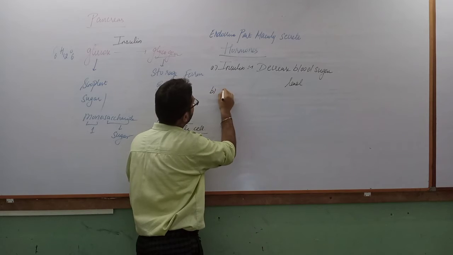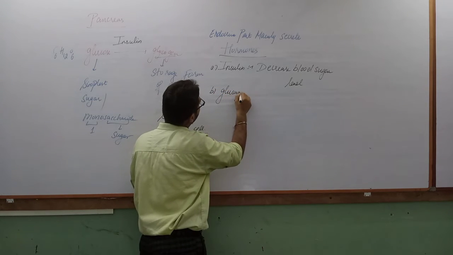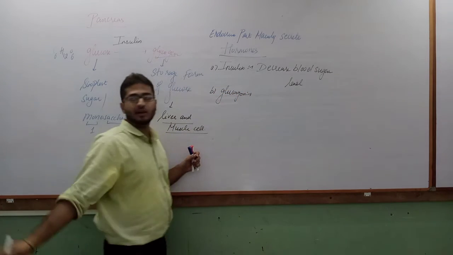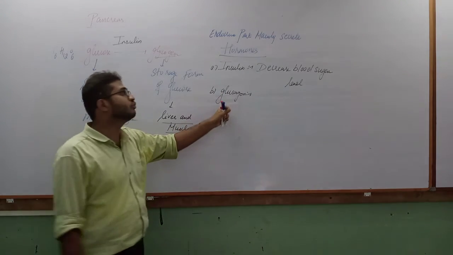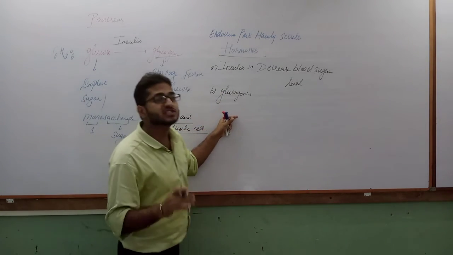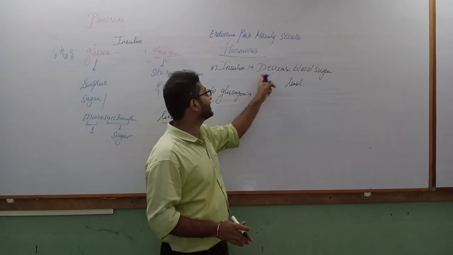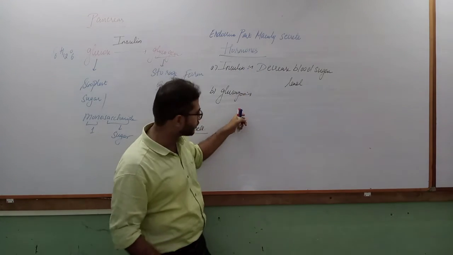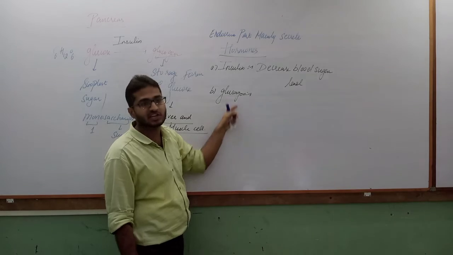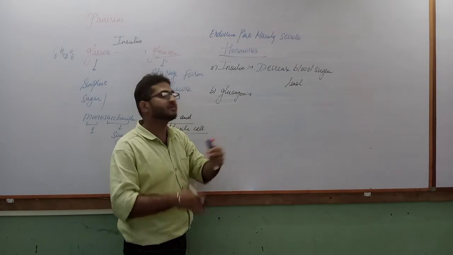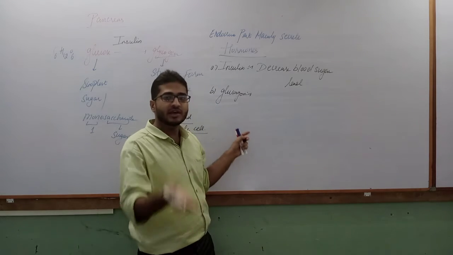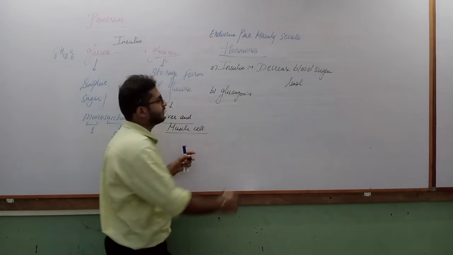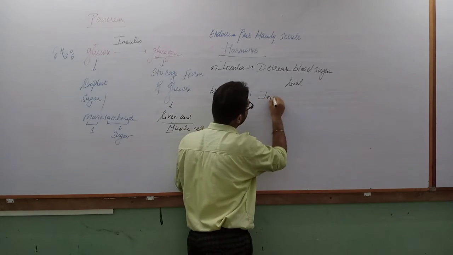Then glucagon. This is the second hormone, secreted by the alpha cells of the pancreas islets of Langerhans. So glucagon will do what? Just now I told you that both the hormones are antagonistic to each other. That means the effect is opposite. If insulin is decreasing blood sugar level, glucagon will increase the blood sugar level.